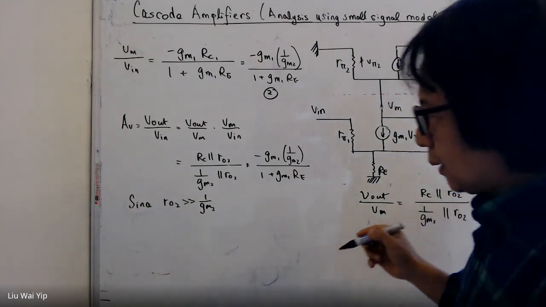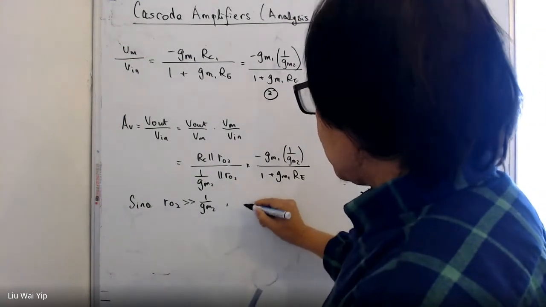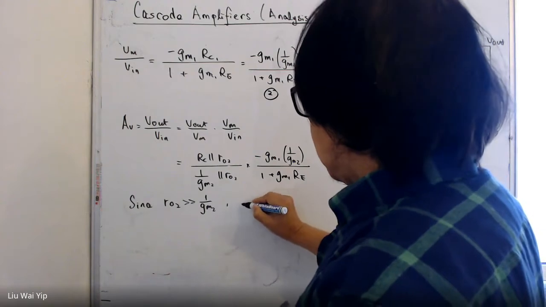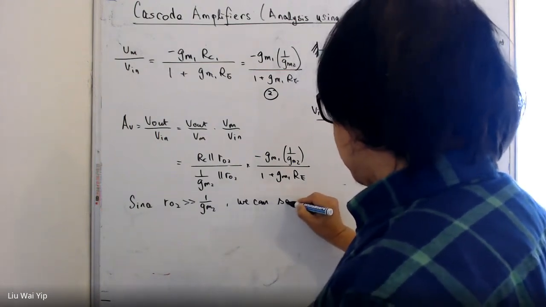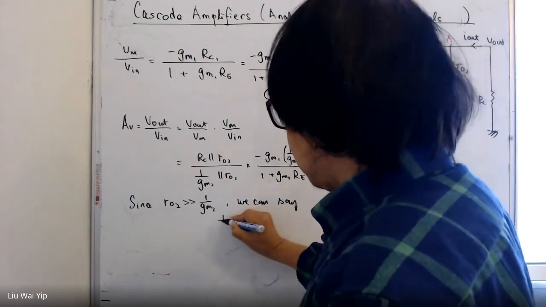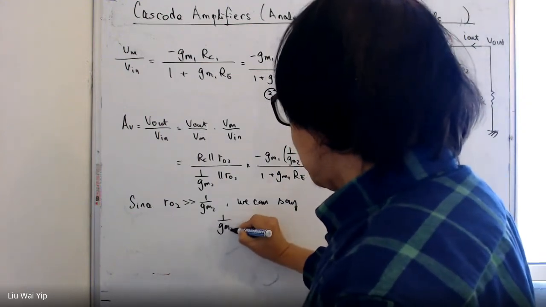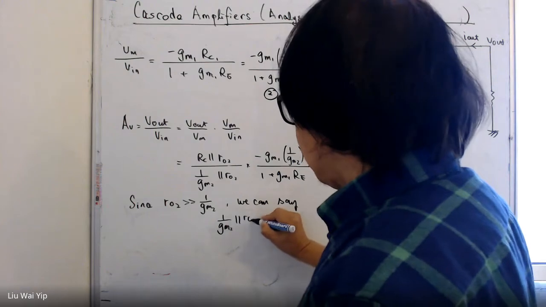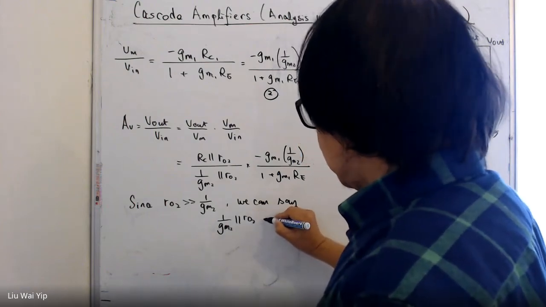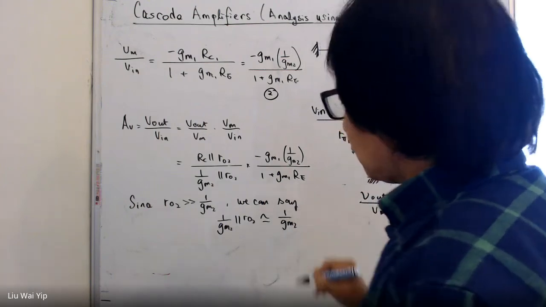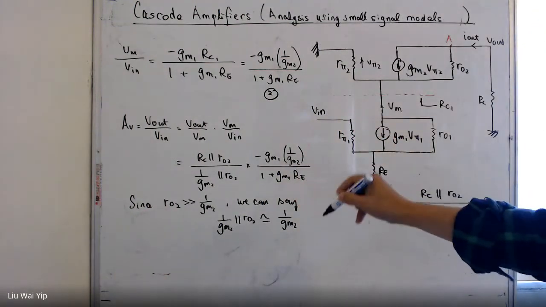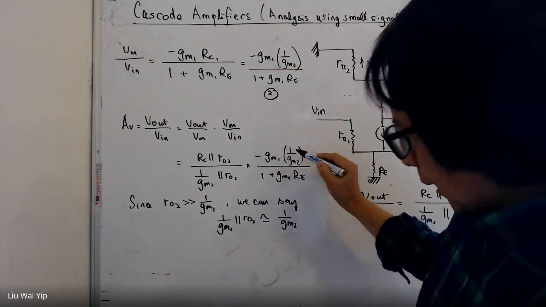I don't know. So in other words, we can say 1 over Gm2 in parallel with RO2 is approximately equal to 1 over Gm2.